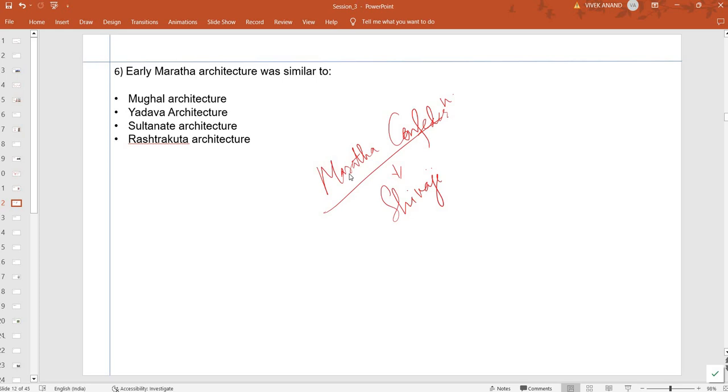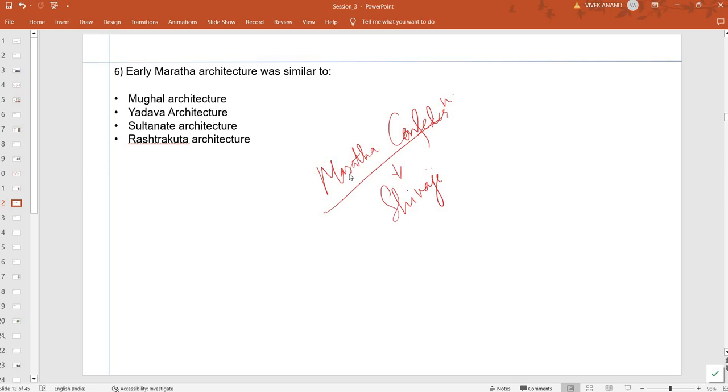But it took the form of a confederation after attempts by Shivaji. If you see the buildings built by the grandparents of Shivaji, you will see the influence of Sultanate architecture.